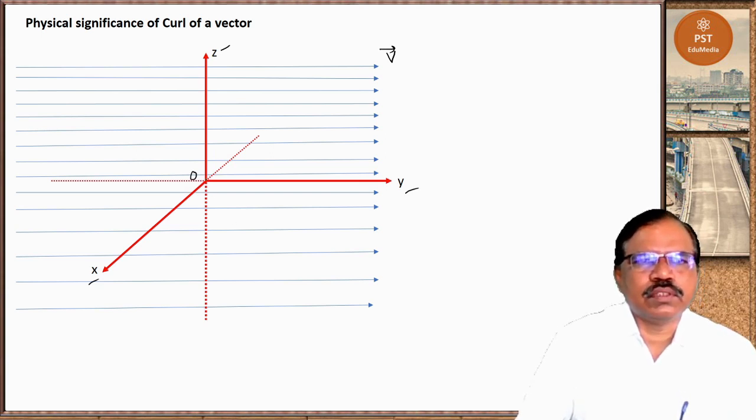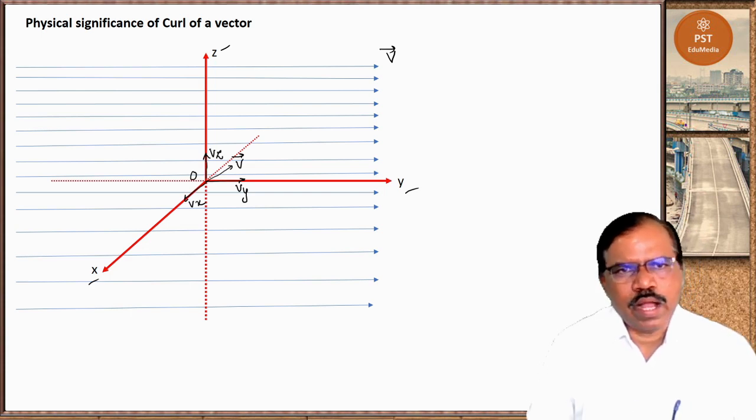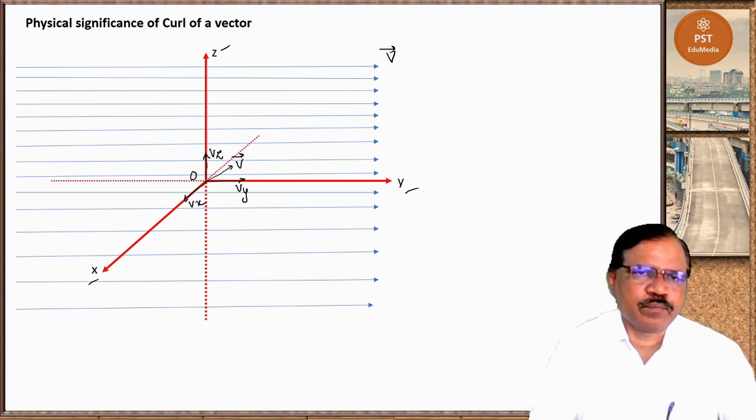Suppose at the origin we have vector field V. This vector field V will have component Vx along the x-axis, Vy along the y-axis and Vz along the z-axis.